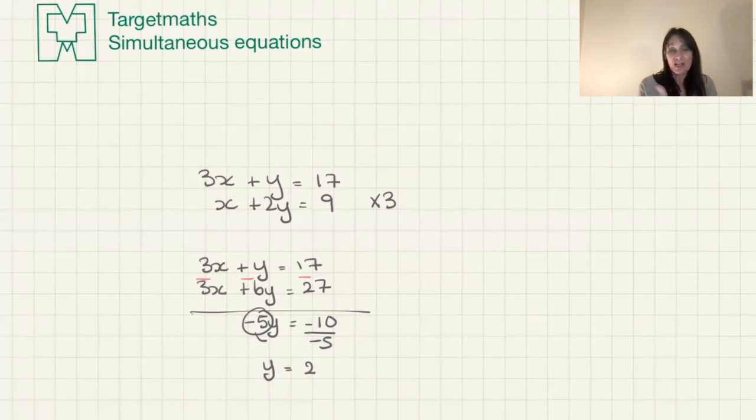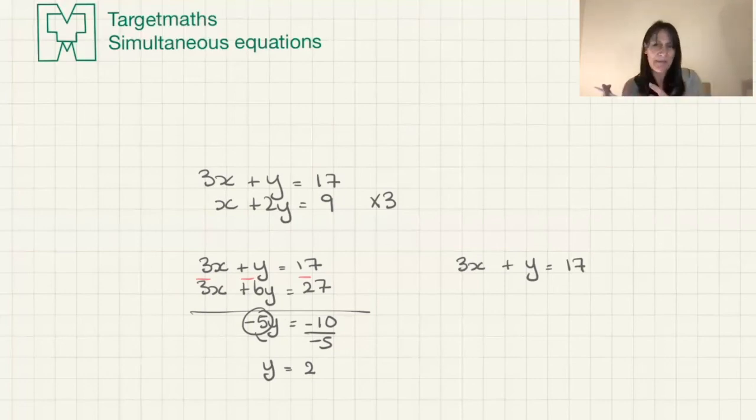I'm then going to go back and choose one of the 2. I'm going to choose the top one just because it's a single y, so it'll be really easy to substitute into. So I've got 3x plus y equaling 17. You may very well have chosen the other one. It makes no difference. It just means that your maths will be slightly different to my maths, but we will be getting the same answer out.